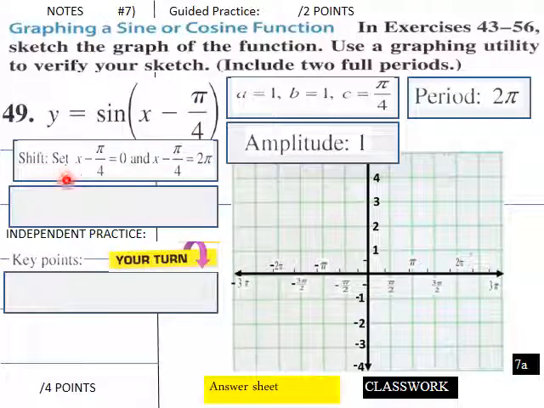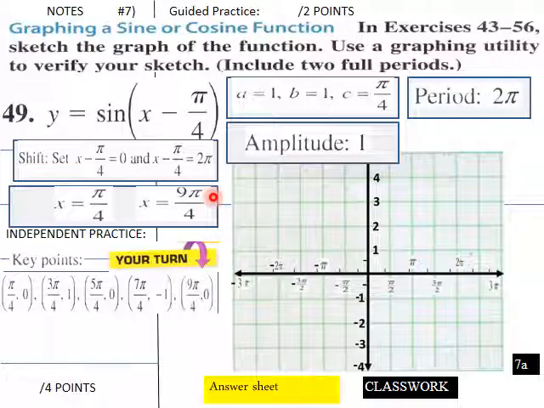So we set x minus pi over 4 equals 0, and then x minus pi over 4 equals 2 pi. That is what they call our shift, or the length of the interval. x equals pi over 4, and then x equals 9 pi over 4. So that would be your interval there.